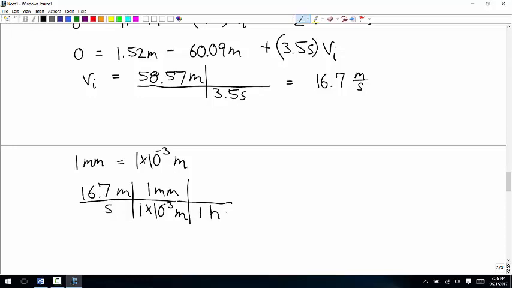So 1 hour is 3,600 seconds. And what's 16.7 times 3,600 times 10 to the third?